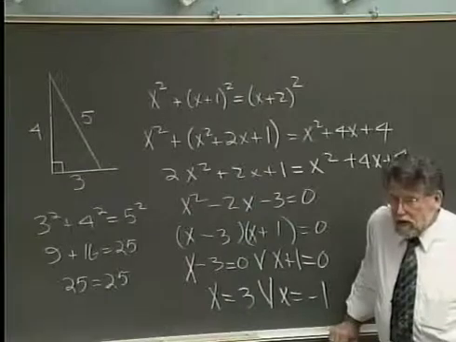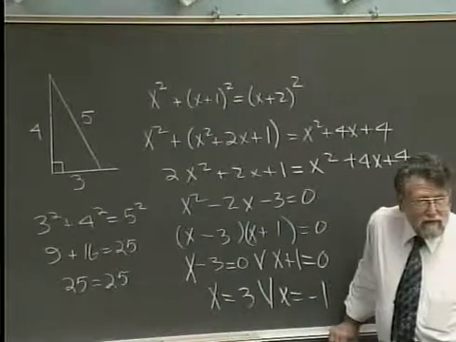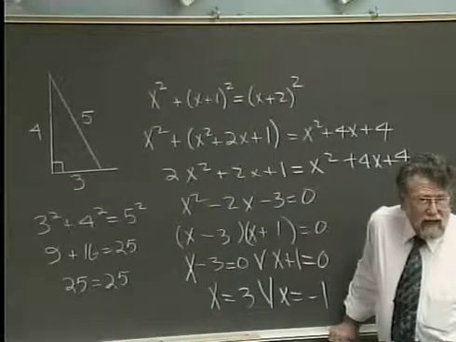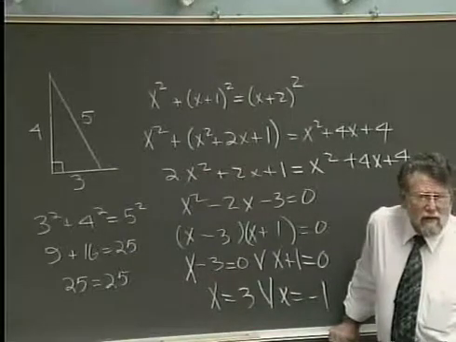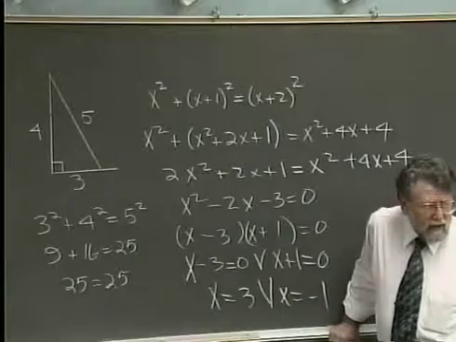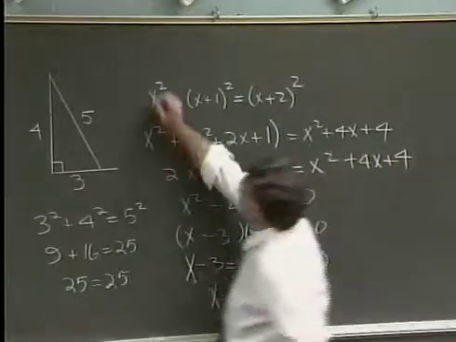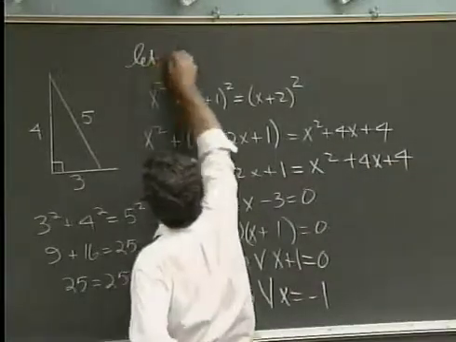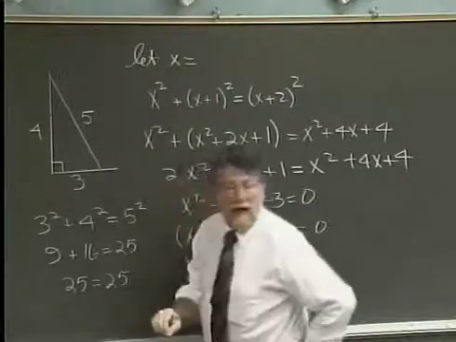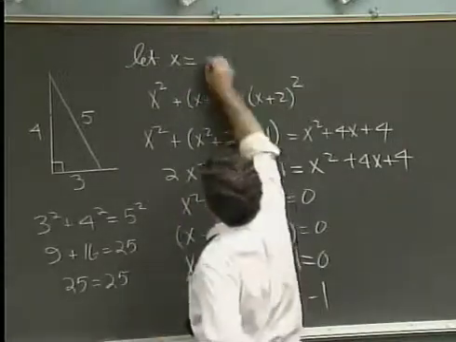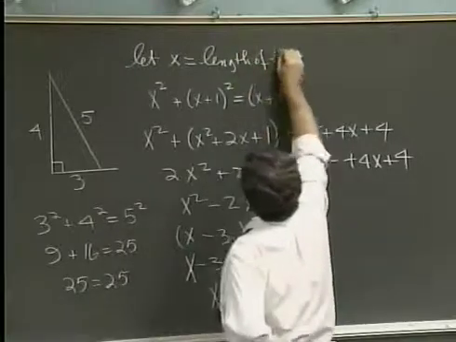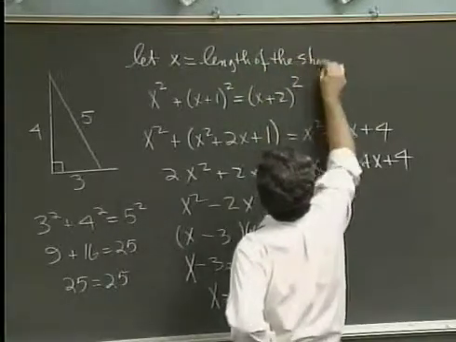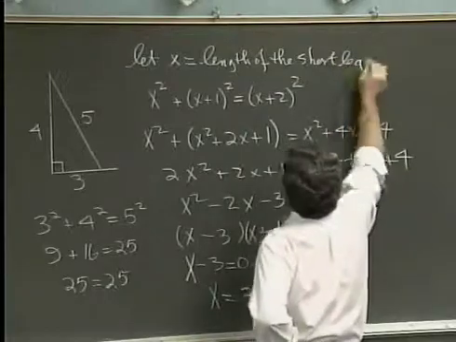Now, I made a comment to you, I think it was yesterday, about extra solutions, extraneous solutions, for various reasons. X is to represent what? The length of the short side of the triangle. So I could say up here, let, and you always want to indicate what your variable represents, let x equal the length of the short leg of the triangle.